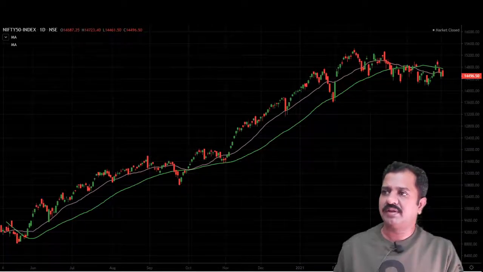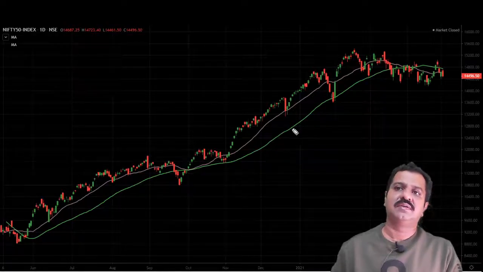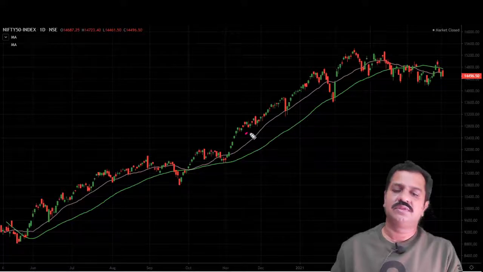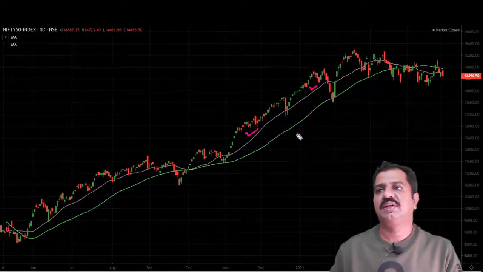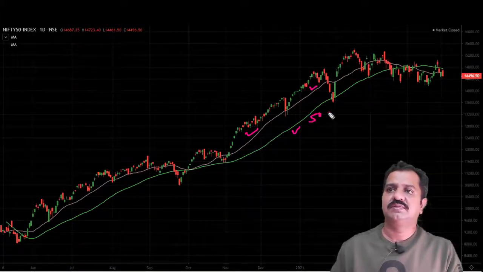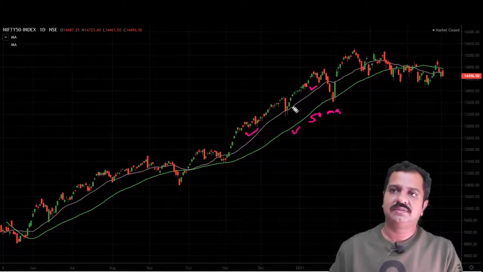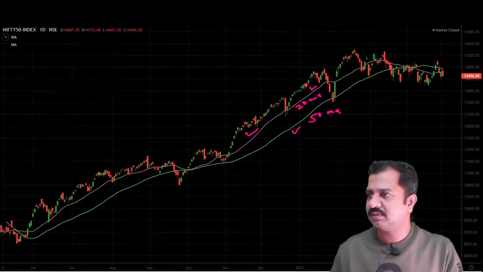So this time I have changed its color and made it a little bold. So now this is the 20 moving average, which is clearly visible, and this is our 50 moving average. This is 50 MA and this one is a 20 MA. Hope you are clearly seeing the moving averages this time.